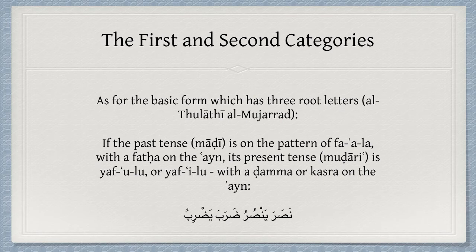The default setting in the present tense verb, the fi'l mudari' as it's called, is that it has a dhamma, the u sound, and there are situations that make it into a fatha, and there are situations that make it silent. We'll cover those further down the road, inshallah ta'ala.